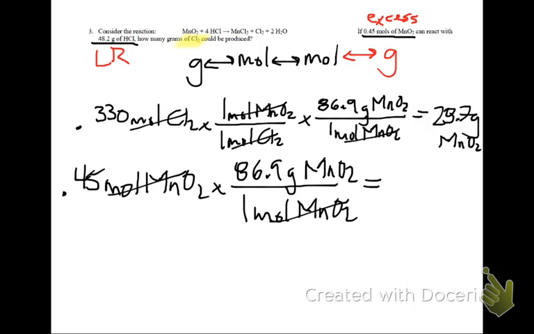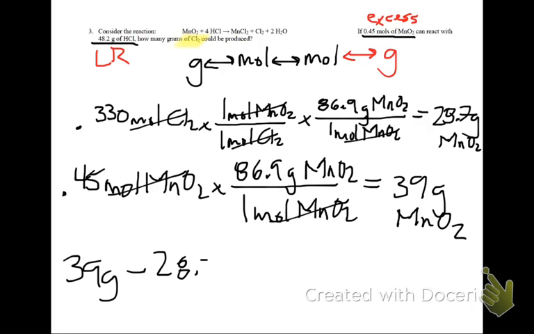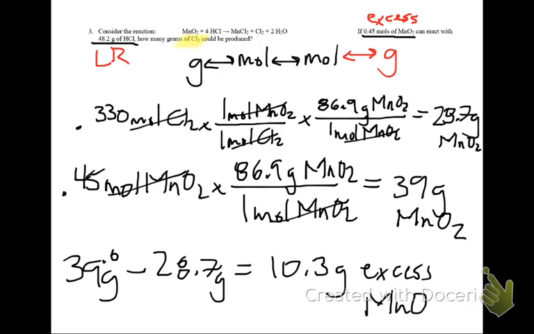So 0.45 times 86.9, that means that we started with 39 grams of manganese dioxide. So if we started with 39 grams and we used up 28.7 grams, that means we're going to have 10.3 grams in excess. Let's make that 39.0 so that we have the right number of sig figs of excess manganese dioxide.